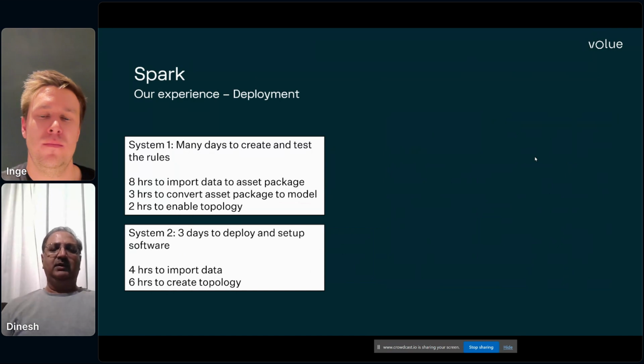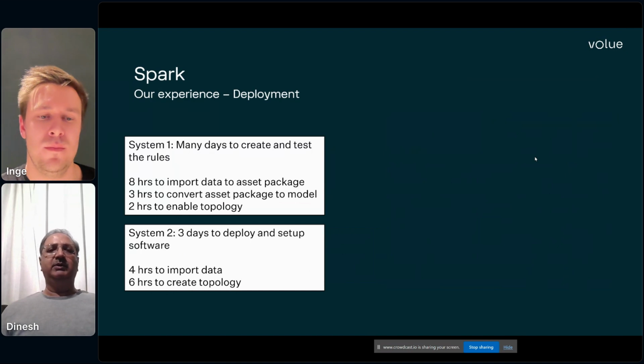Importing the data takes about 8 hours just to import it to an intermediate format, and then convert that intermediate format into the real model in the database. And then from that model, you need to generate the topology, which takes another couple of hours. So when we have interactions between two systems, getting the data from one system to another takes a hell of a lot of time for actually migrating the data into the newer systems.